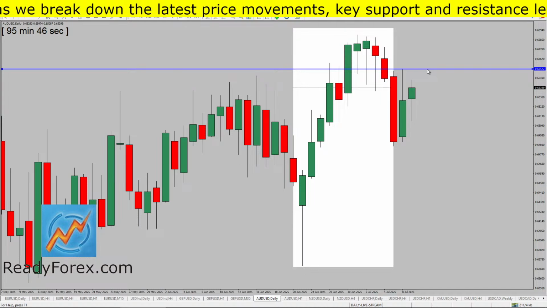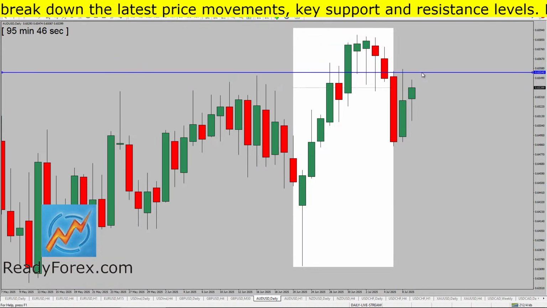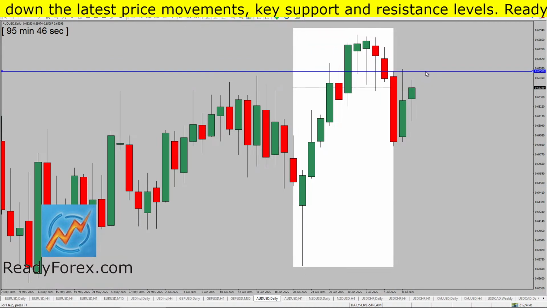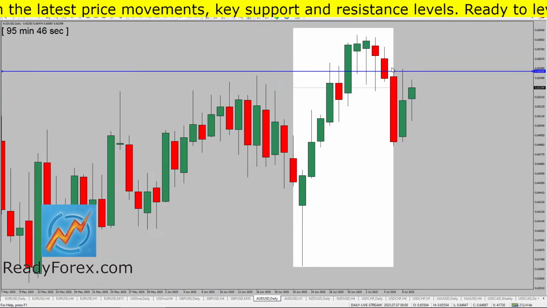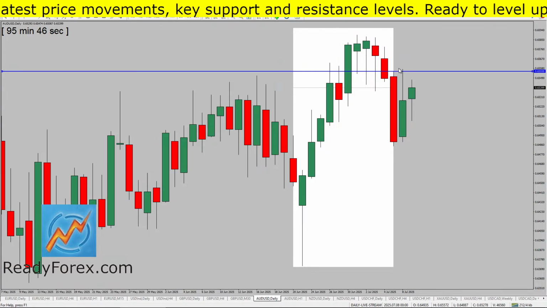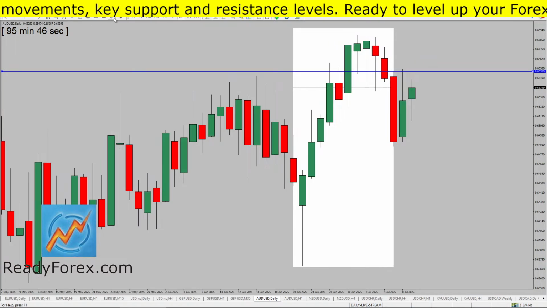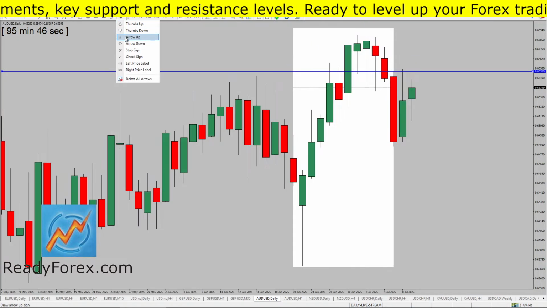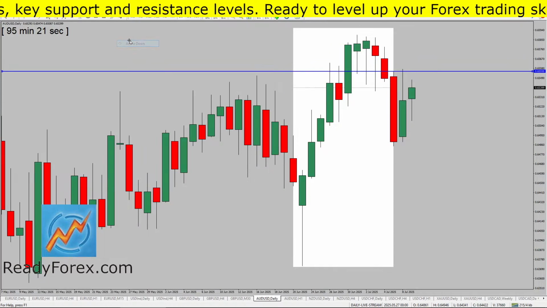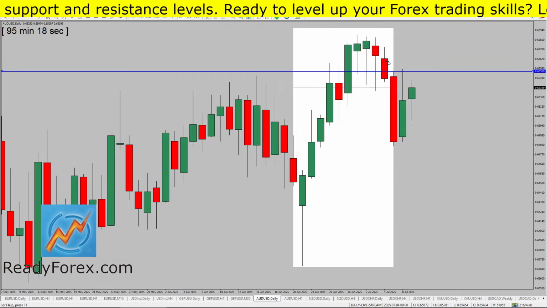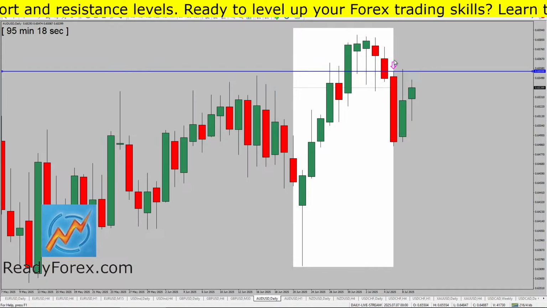So if you draw a simple flat line over here, we only got a spike or a retest over here, but the actual body did not close higher. So this is the candlestick, and let me show you.